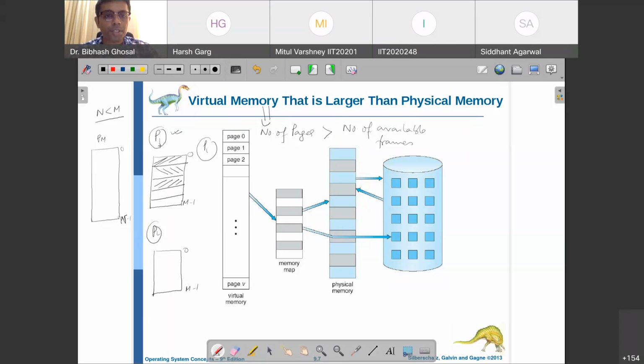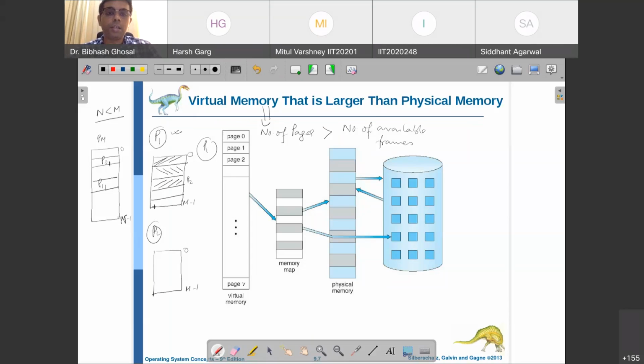So if process P1 has M pages, in the physical memory I do not need to keep all the pages. I will only keep page 0 of process 1 and maybe page 1 of process 1. That is all. But you may ask, sir, later on I will need page 2.